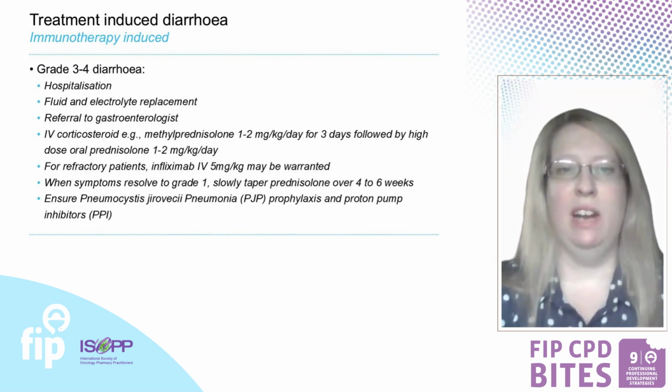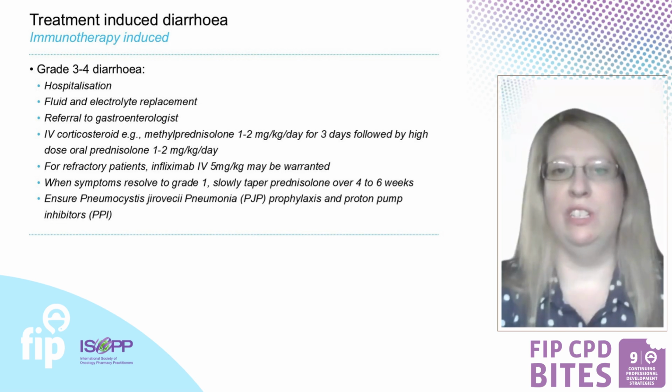If it increases to grade 3 to 4, just like with chemotherapy-induced diarrhoea, hospitalisation is required with fluid and electrolyte replacement. A referral to a gastroenterologist is required, and treatment with an IV corticosteroid such as methylprednisolone at 1 to 2 milligrams per kilo per day is required.